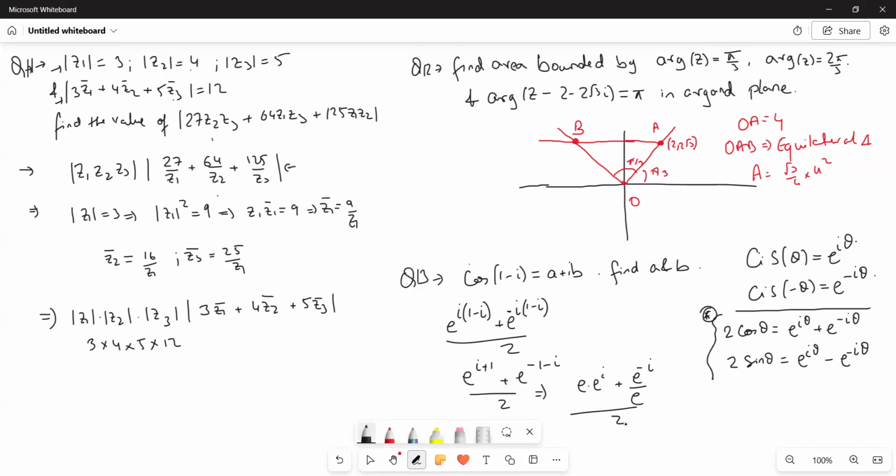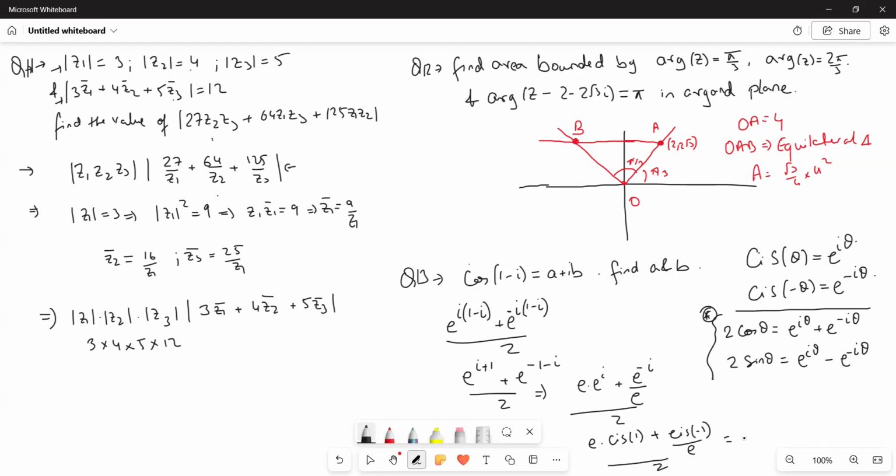Is everything clear till here? Now e power i, what can we replace e power i as? e into cis of 1 plus e power minus i becomes cis of minus 1 by e, whole divided by 2.